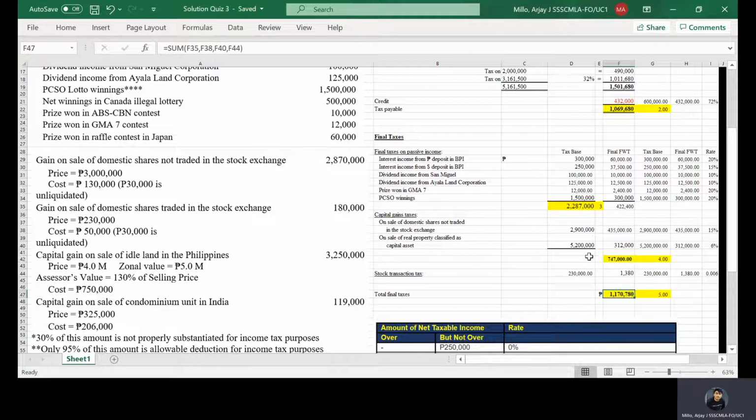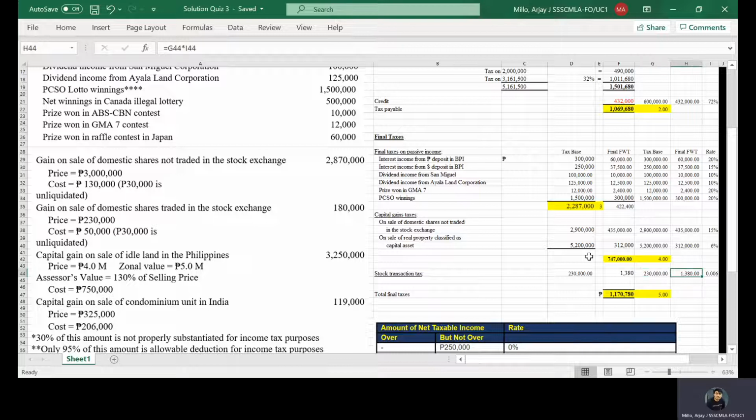Then last item for number 5, as resident citizen, what are his total final tax withheld? So that's the summation of the final withholding tax, the capital gains tax, and the stock transaction tax. Ang need na lang natin i-compute is yung stock transaction tax. So same lang din to actually dun sa short problem natin before, no? So ang basis lang natin dito is the price or the gross selling price.